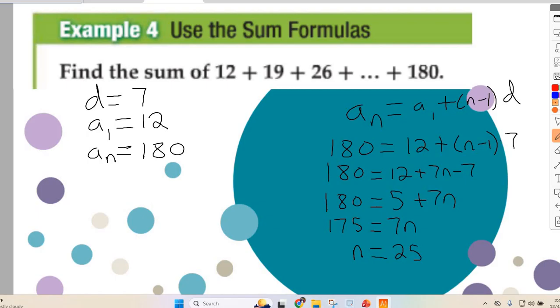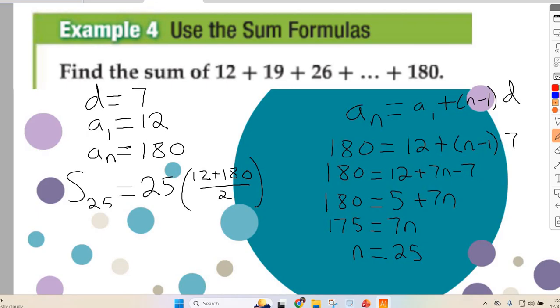Now I know that I'm finding the 25th sum, okay? And then we're just plugging in. So 25 times 12 plus 180 divided by 2, right? Just plugging into that S sub n formula from the previous page.